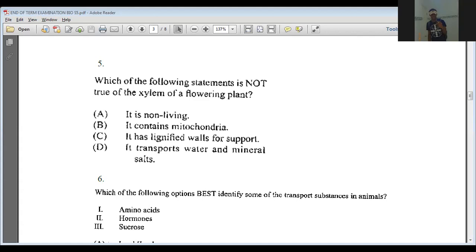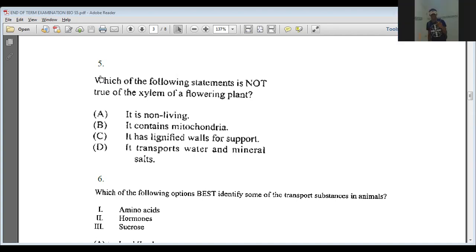Lignin, xylem. All right. So I'm going to show you how the lignin is. Oh, we have to go through past papers.